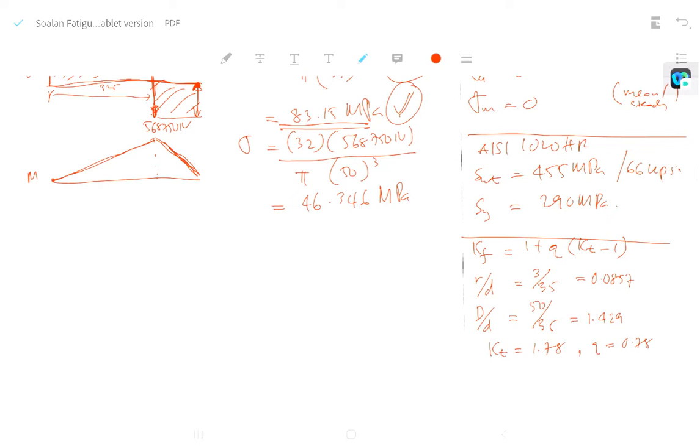Then KF is 1 plus 0.78 times KT, 1.78 minus 1. Okay, what is the value? Calculate.